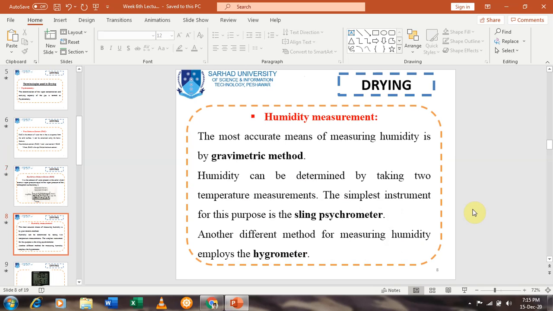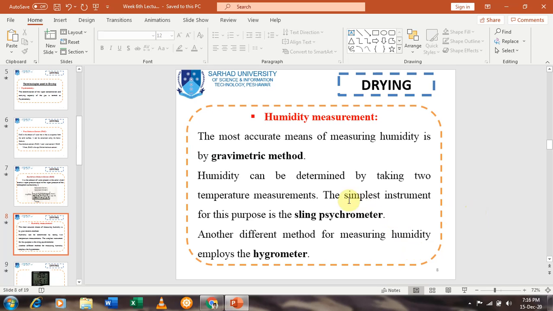We discussed the different ways of measuring humidity, including the most accurate method, the gravimetric method, and the sling hygrometer, a two-temperature measurement, which is the simplest one.